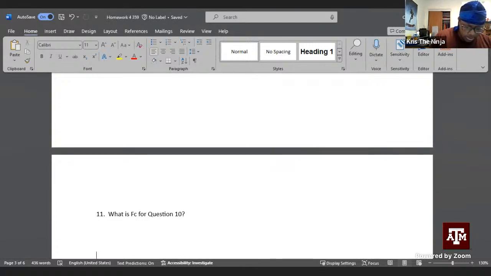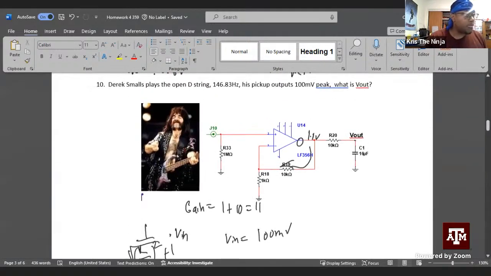So we want F equals 1 over 2 pi RC. We know R is 10 kilo ohms. So 10,000 times 16 microfarads times 2 pi, 1 over that.